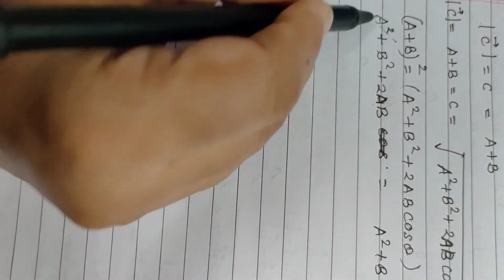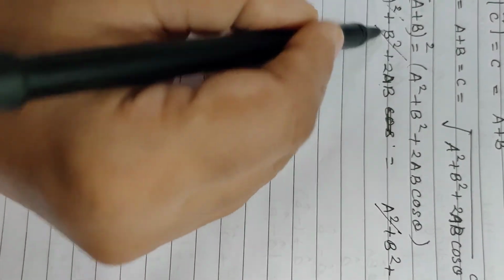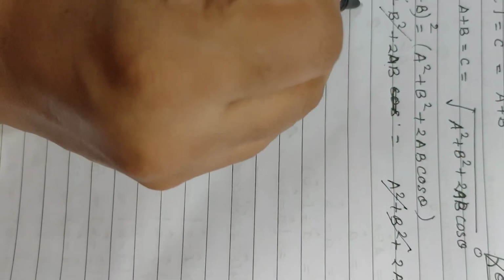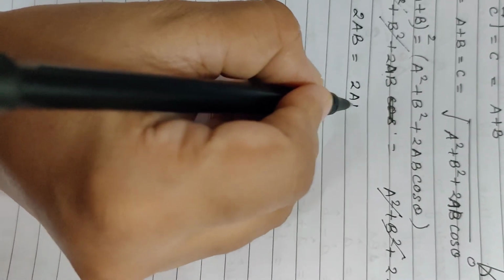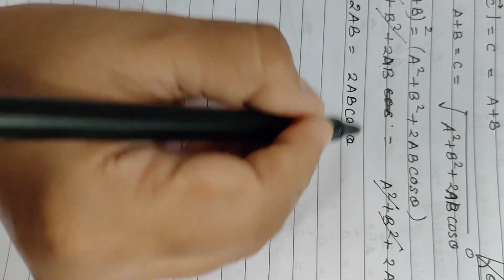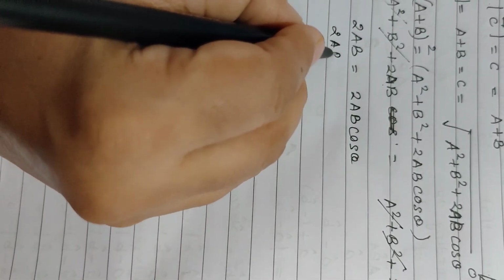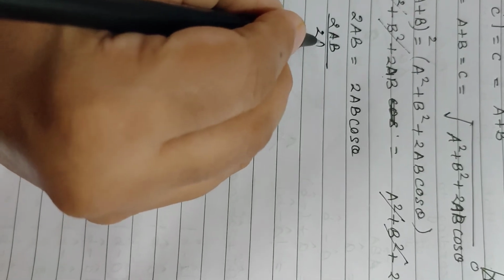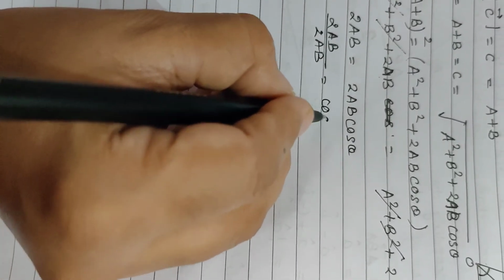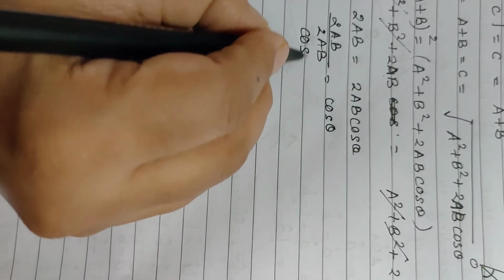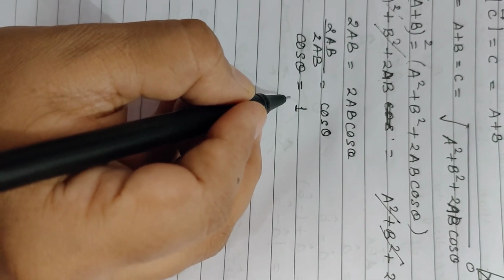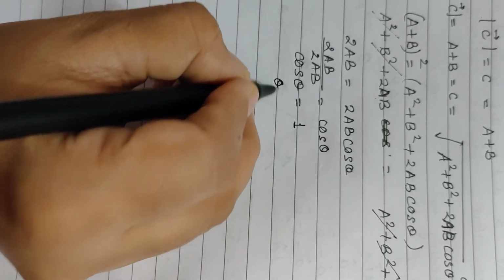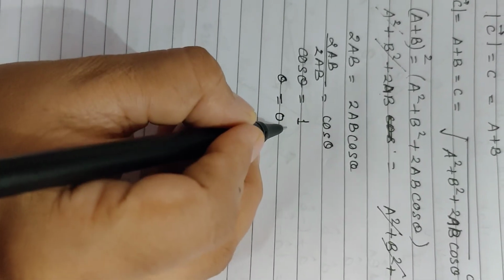Okay, so you can see that a square will be cancelled, b square will be cancelled. It will become 2ab equal to 2ab cos theta, or you can say 2ab upon 2ab equals cos theta, or simply you can say that cos theta is equal to 1. And cos theta is equal to 1 when theta is equal to 0.